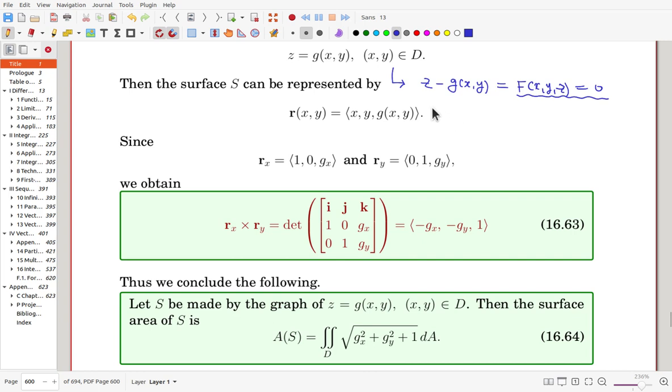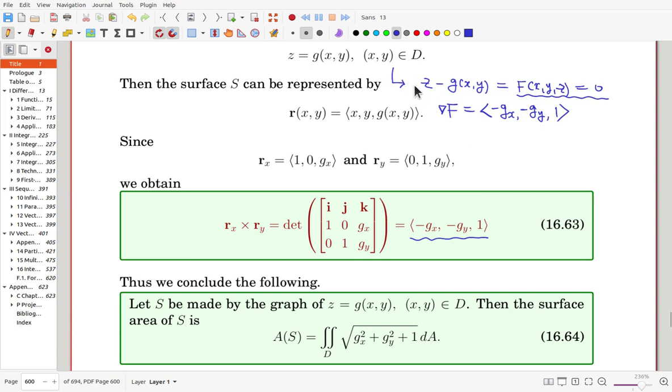If we get the gradient of the level surface, that is the x derivative, minus g sub x, the y derivative, minus g sub y, and the z derivative, which is 1. That is exactly this one.